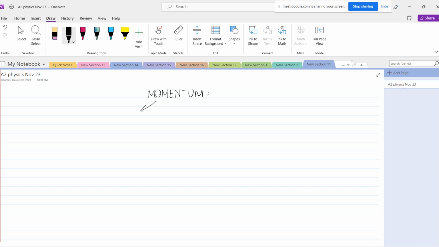first, we can explain it using one object. There could be one object or two objects, and again momentum can be explained in terms of the direction of motion.